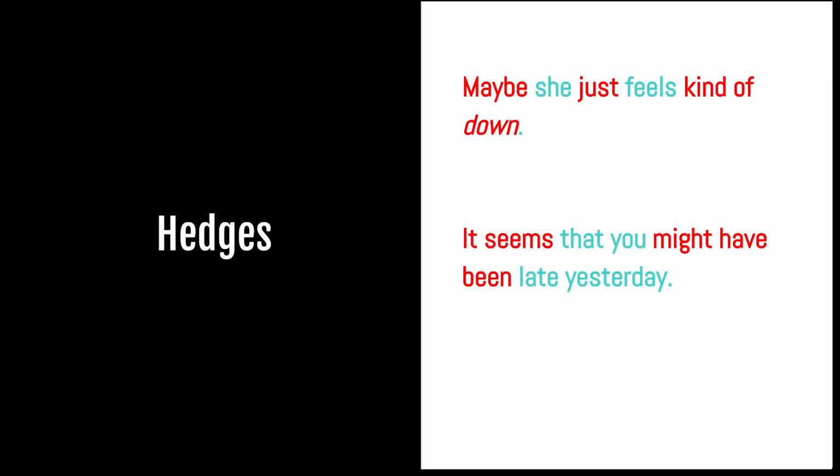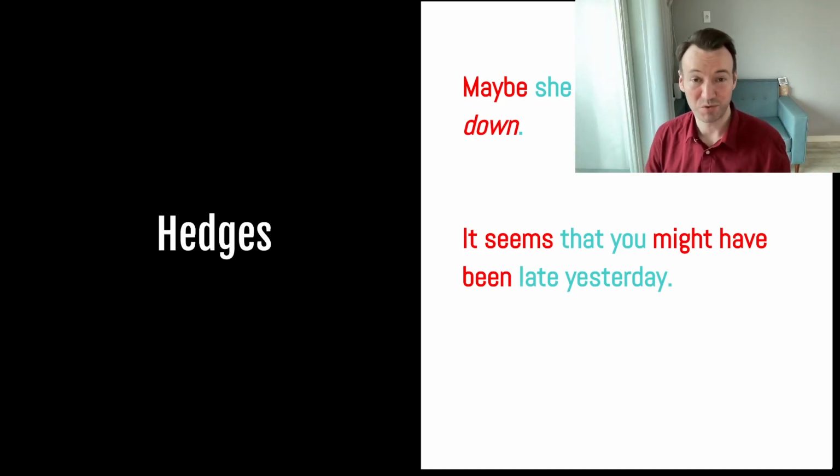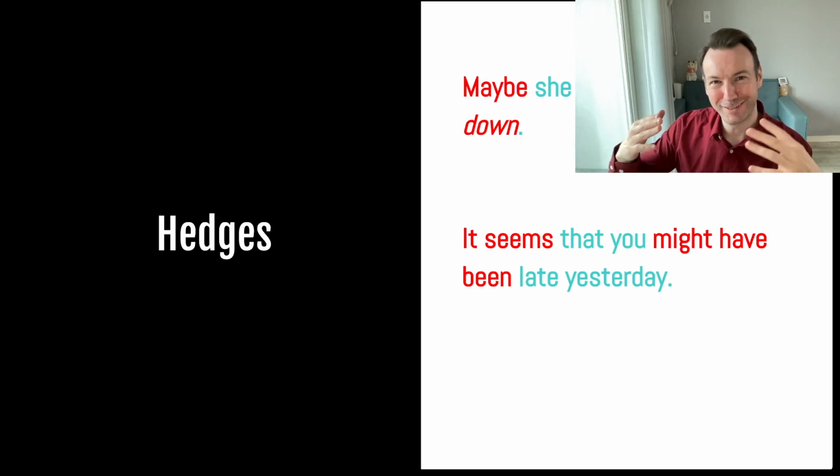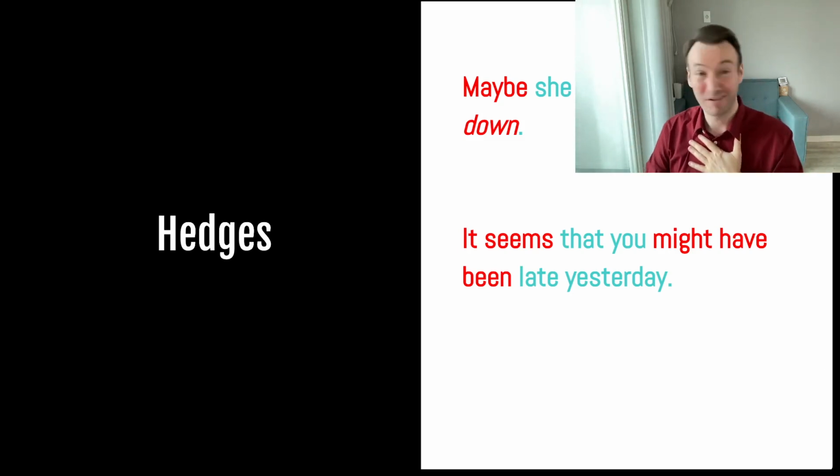It seems that you might have been late yesterday. Now, a direct sentence would be, you were late yesterday. However, saying it seems allows for being incorrect, right? Maybe I'm wrong. Maybe you were not late. Might have been late. Again, same thing. It's not saying definitely.